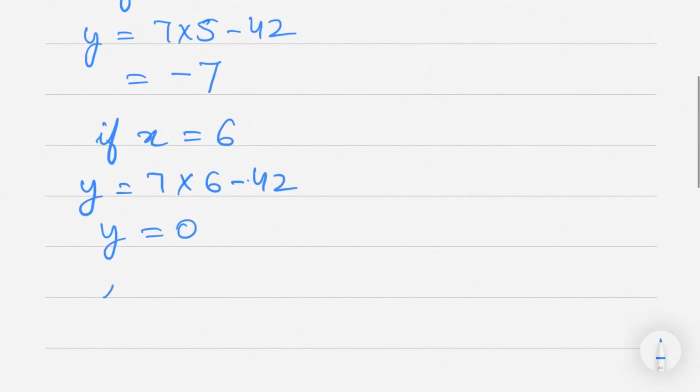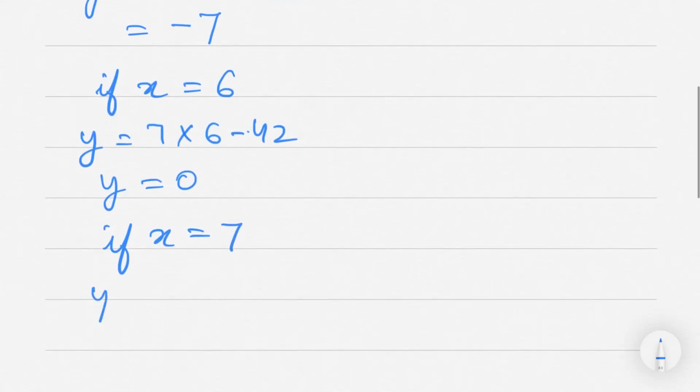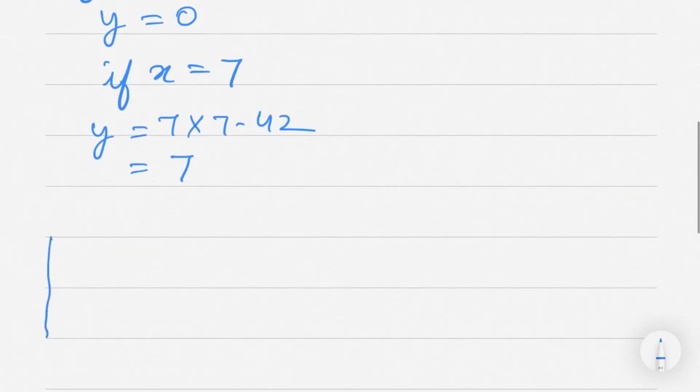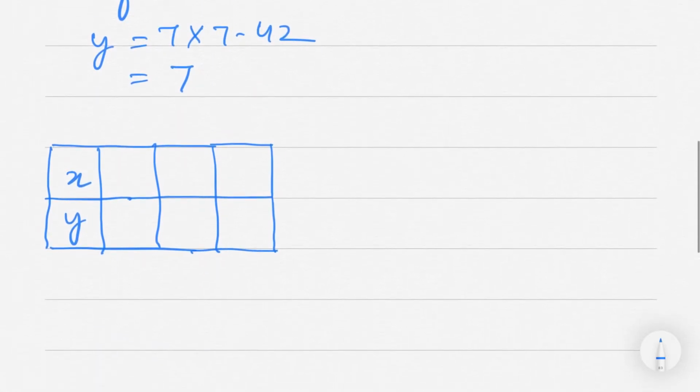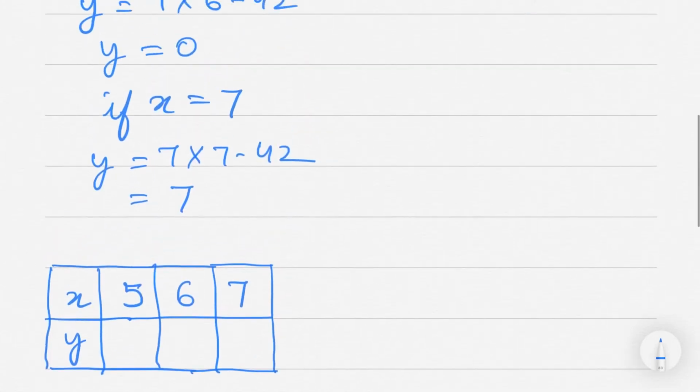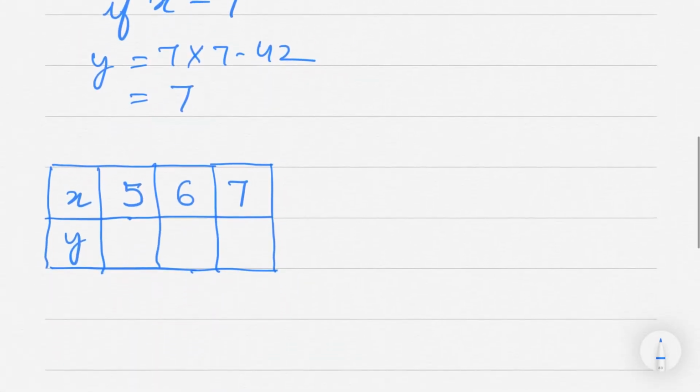If I take x is equal to 7, then y is equal to 7 into 7 minus 42, so this will give me 49 minus 42, which is 7. So I have got three values for this equation. For a line, it's good to always find three values. Now let me fill in the values. If my x was 5, 6 or 7, then my y is minus 7, 0 and 7.